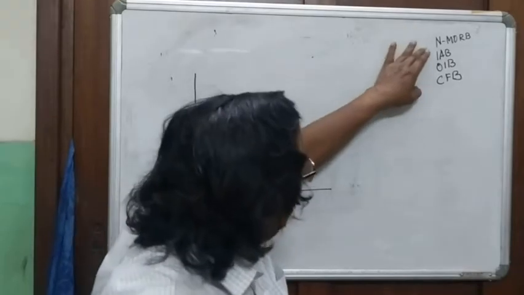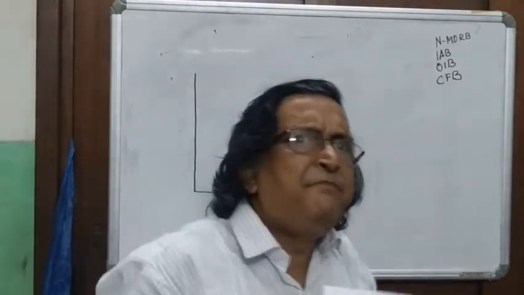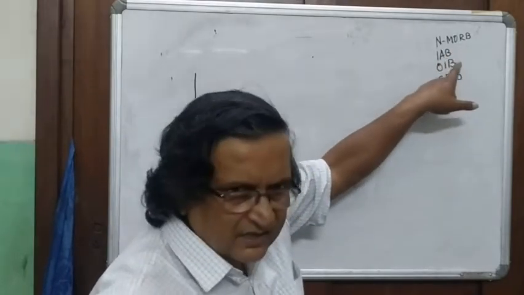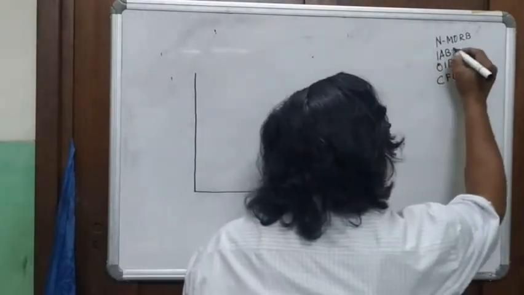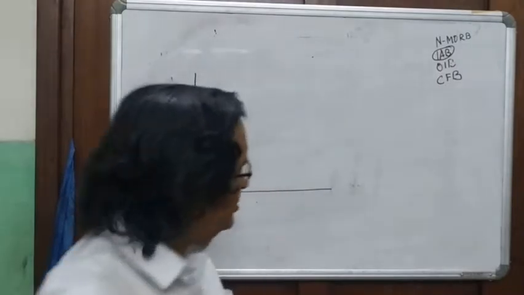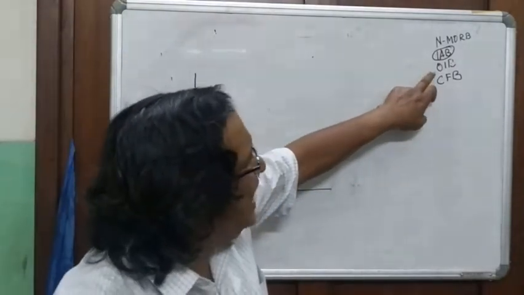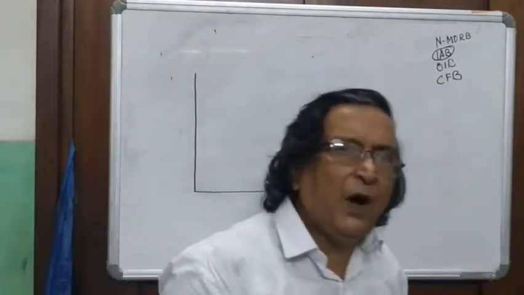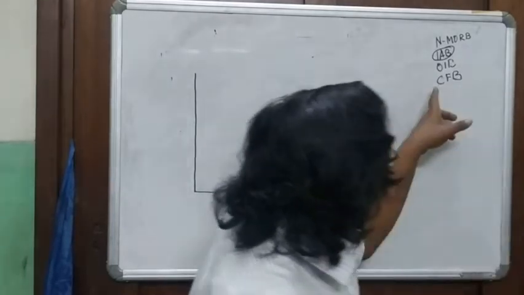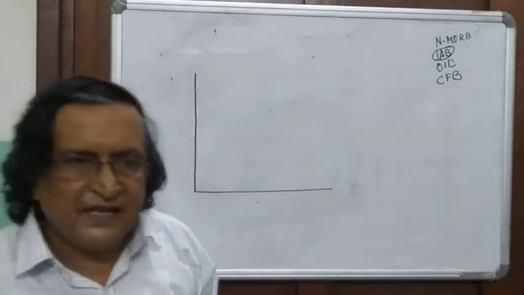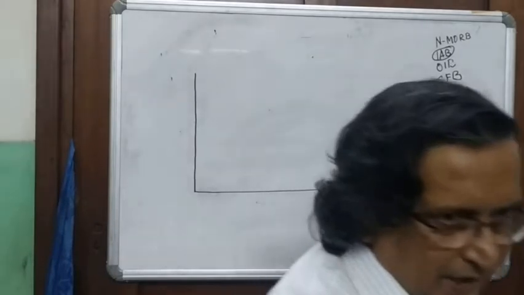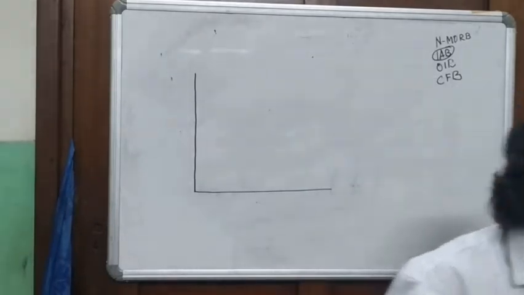So these are almost the dominant types of basalts that you have. Island arc basalts are highly contaminated by the crust. Then ocean island basalts typified by the Hawaiian Islands. And then continental flood basalts like you have in our India, for example, the Deccan.